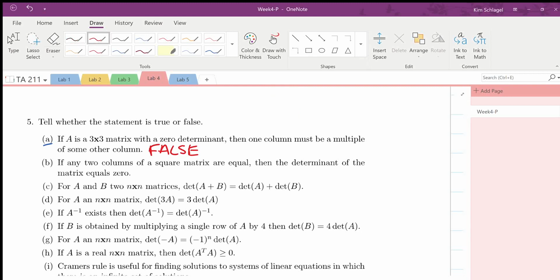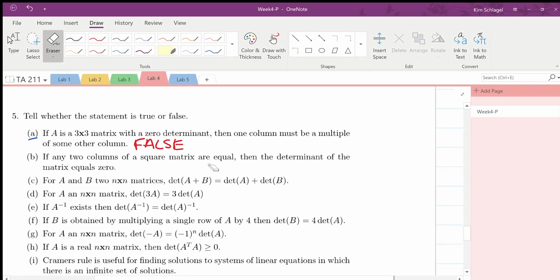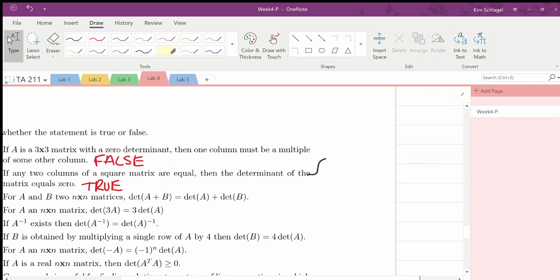Okay, so B, if we have 2 columns of a square matrix being equal to each other, then the determinant of the matrix equals 0. And this one is actually true. So why? Well, I'll give you guys an example of this.